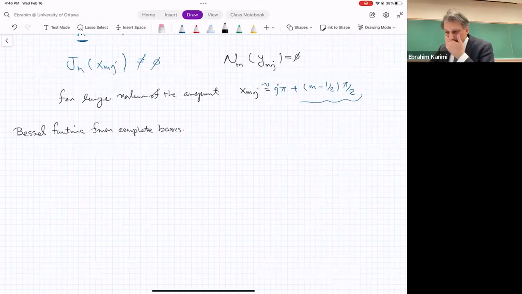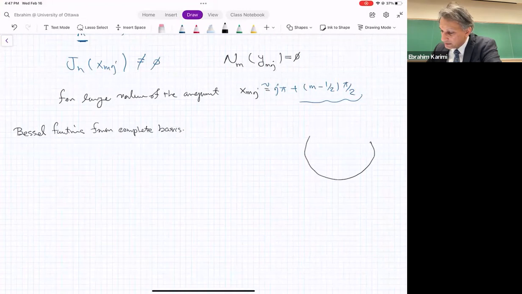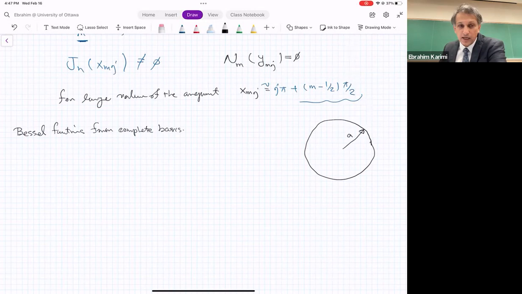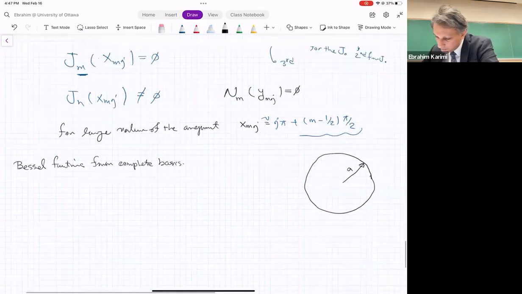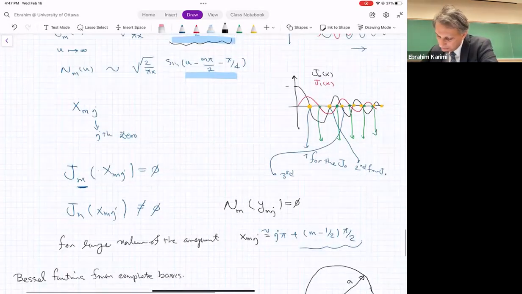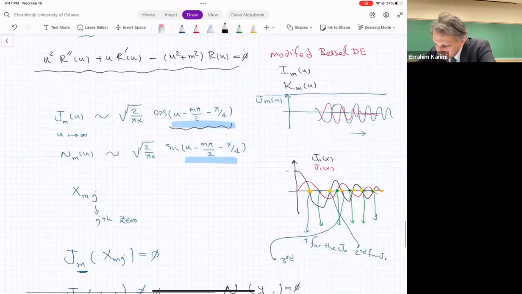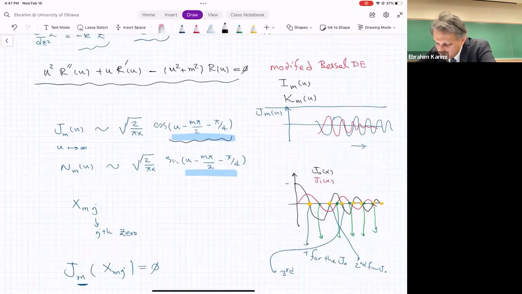So assuming that we consider a specific problem in which the cylindrical coordinate that we choose covers a certain circle, that's the boundary that we have. We call it A, and we define the number of zeros inside of that, and then we look at the completeness relationship. Let me look at the differential equation to see if I can get something interesting out of that. U prime.